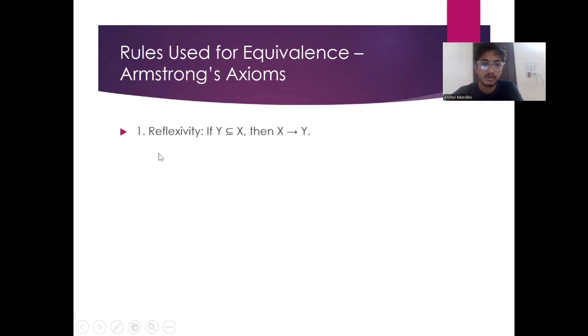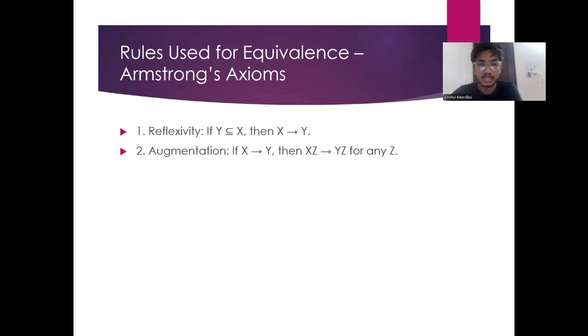The first rule is reflexivity. In this, as we can see, if y is a subset of x, then x tends to y. It shows the reflexive property of x and y. When y is equal to x, then x must agree on y. The second rule is augmentation. In this, if x tends to y, then xz tends to yz for any z.